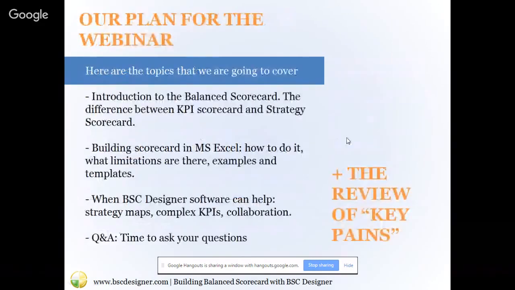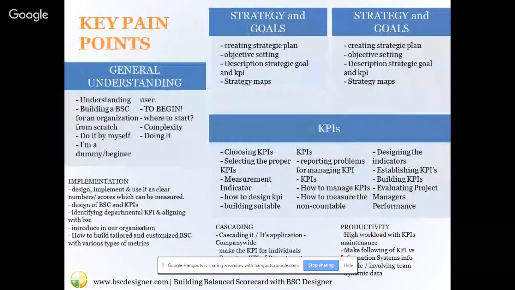The idea to show this slide was to explain the problems that people normally face with the Balanced Scorecard. The first problem is that people need a general introduction to what the Balanced Scorecard is, how to do it, how to solve all the problems that are involved, and we'll be talking about this.